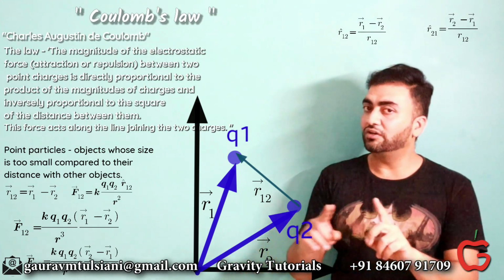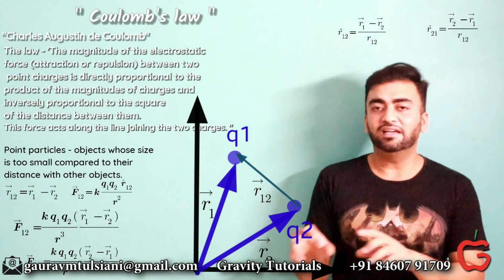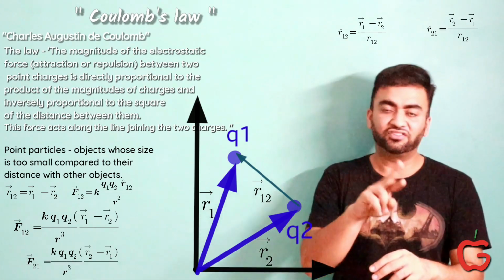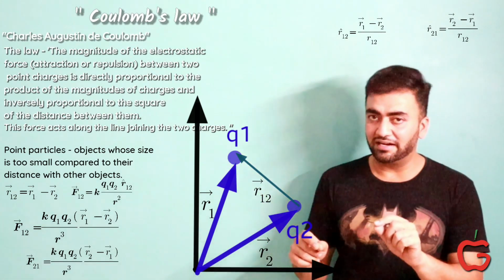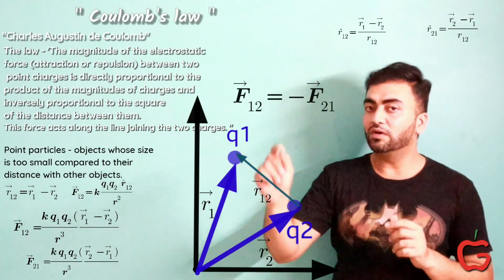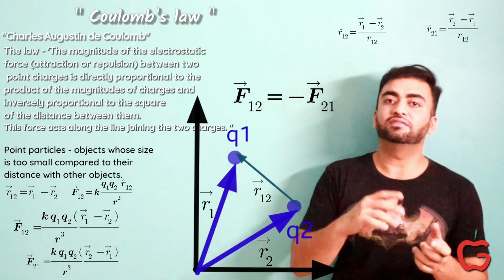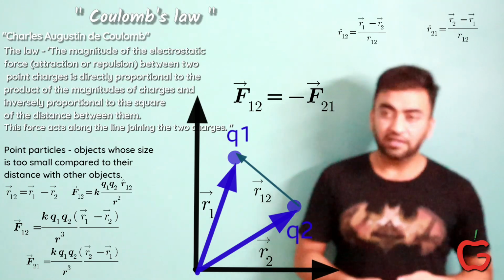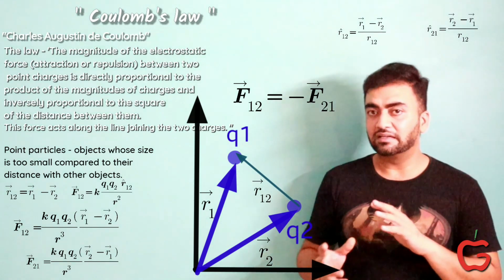F21 is K Q1 Q2 times R2 minus R1 by R cube. So R2 minus R1 can be exchanged and a minus sign can be added. So we can see that F21 is minus F12. So Newton's third law is applicable here also. Okay. I hope the direction part is clear.